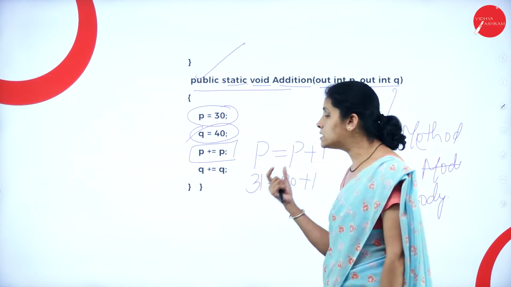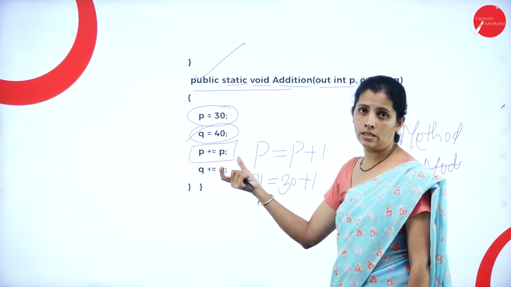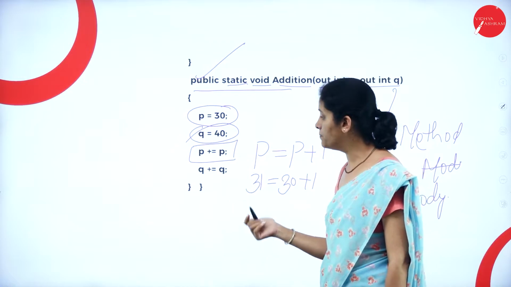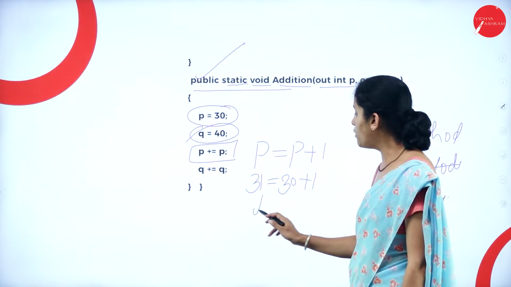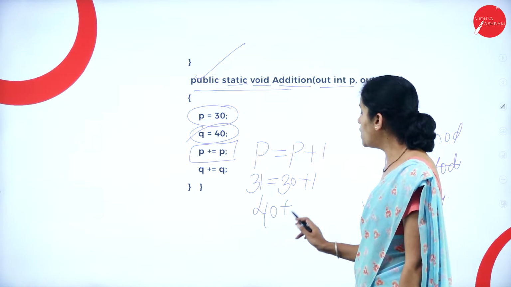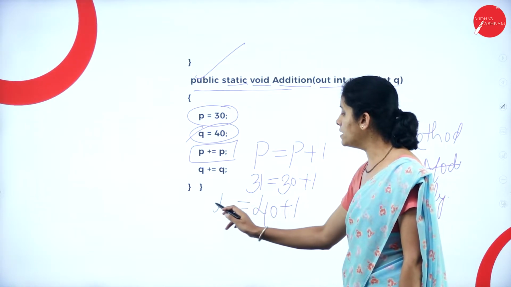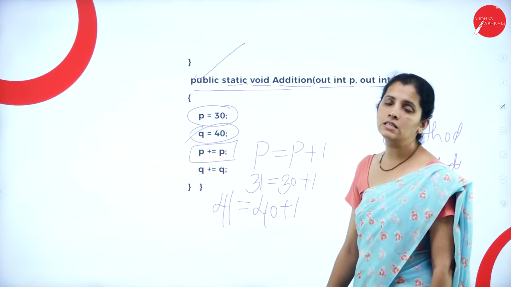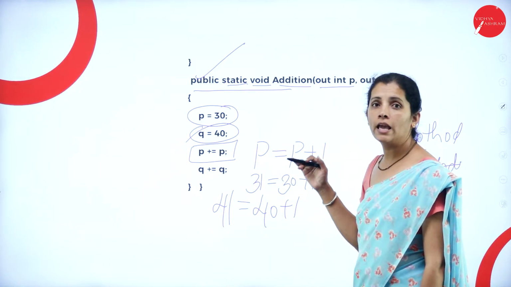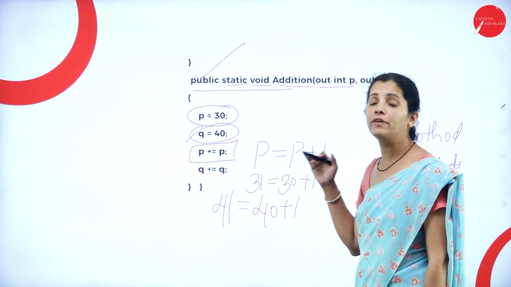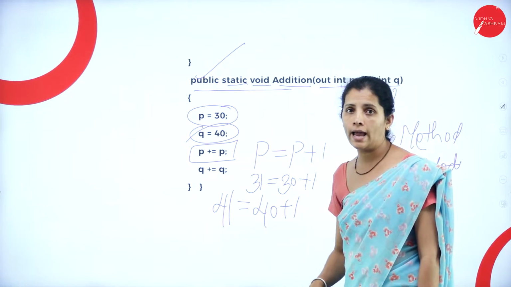That means this 31 is returned to the main function. And if I consider q, what is q? q is 40 plus 1, it is 41. Then this 41 is returned to the main function. So this is the way I am able to use reference type in my program.